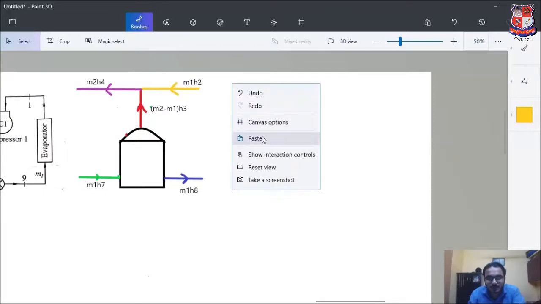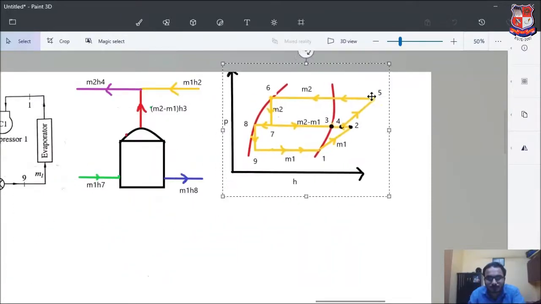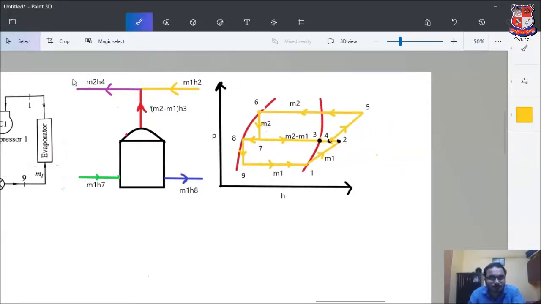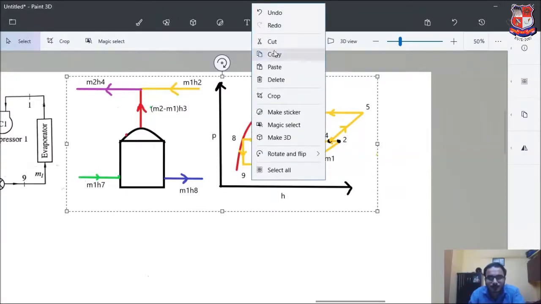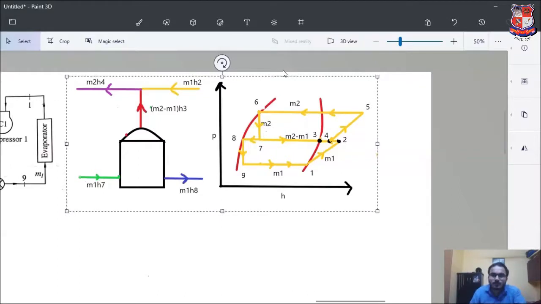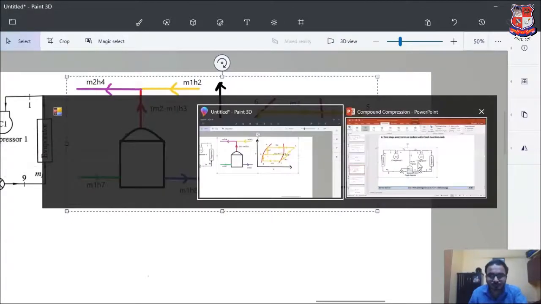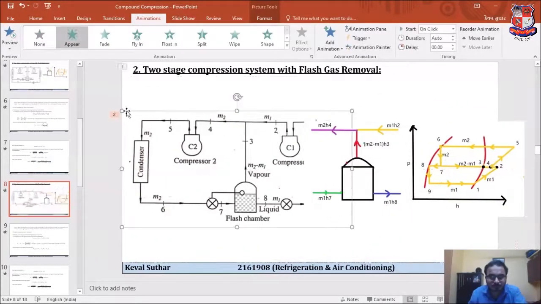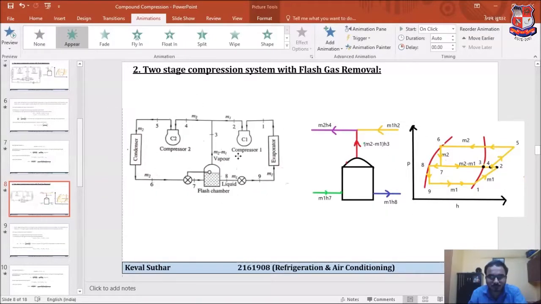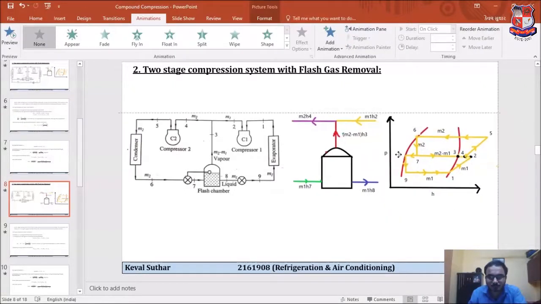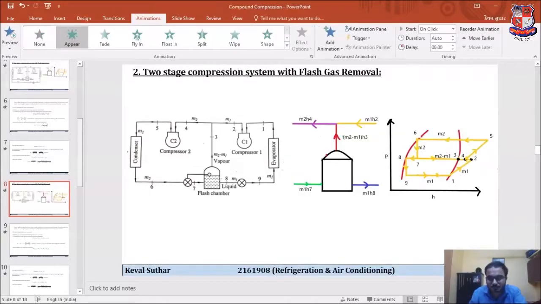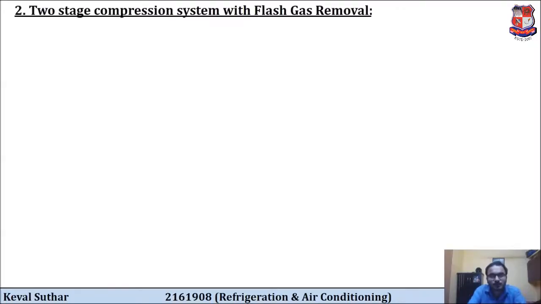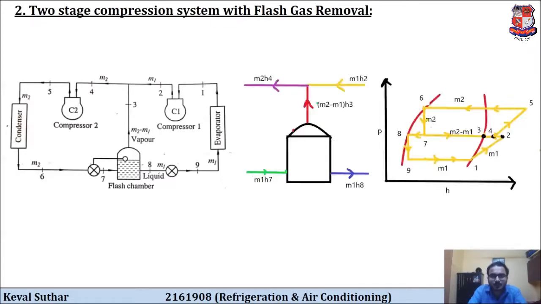And it will be situated here. So this is the complete arrangement and the pH diagram and the energy balance figure.